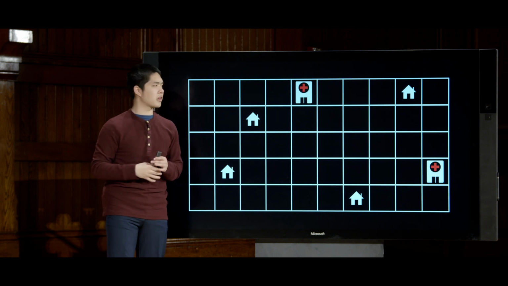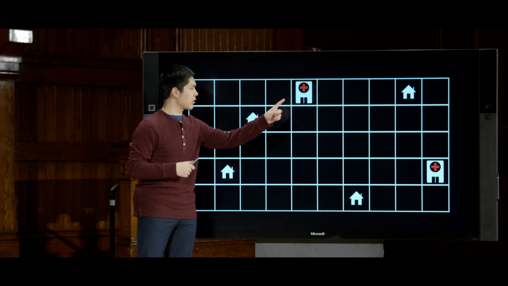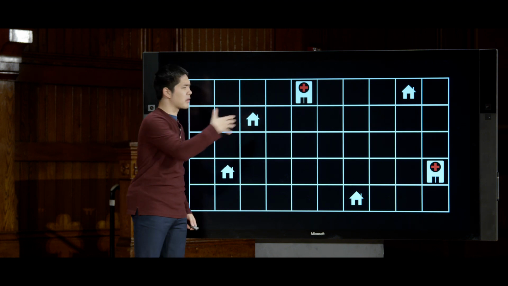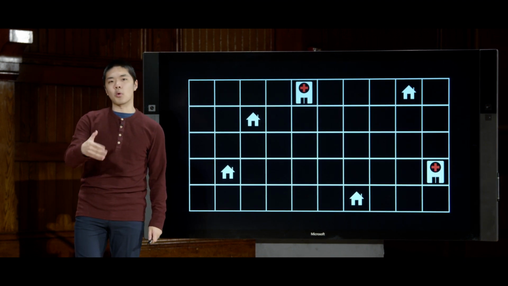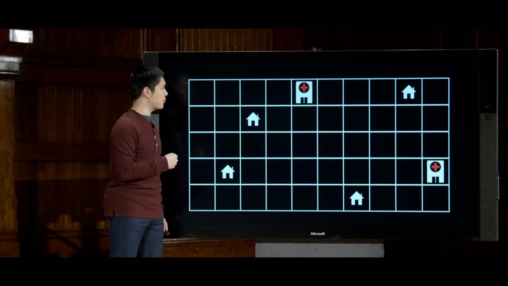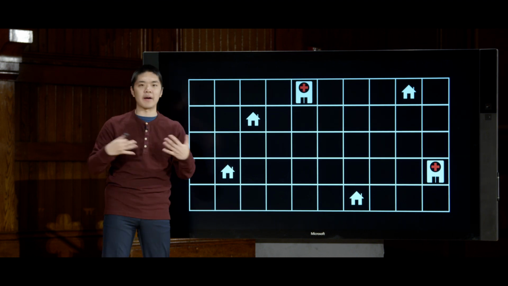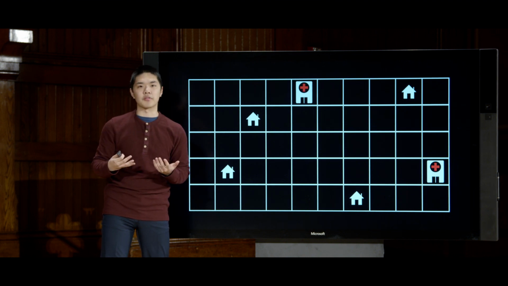Our objective in this case is to try and minimize the distance of any of the houses from a hospital. So you might imagine, all right, what's the distance from each of the houses to their nearest hospital? There are a number of ways we could calculate that distance. But one way is using a heuristic we've looked at before, which is the Manhattan distance, this idea of how many rows and columns would you have to move inside of this grid layout in order to get to a hospital, for example.